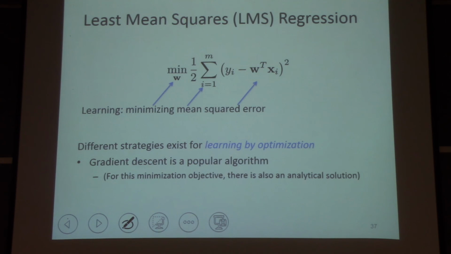X is your input. W dot x is a real number. Y minus W dot x is a real number. I take its square. So what is i? i is indexing over training examples. It's not the n dimension. No, m is the number of training examples we have.